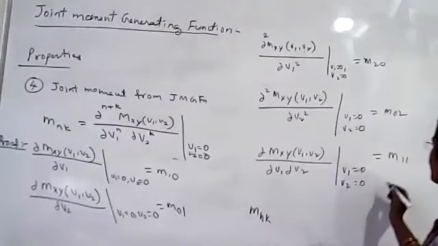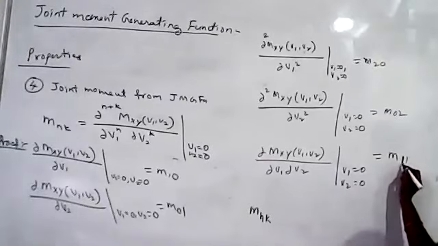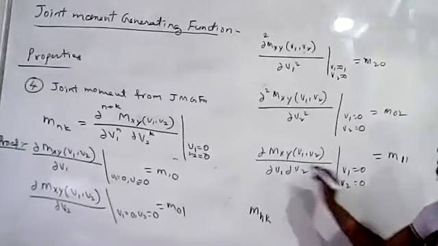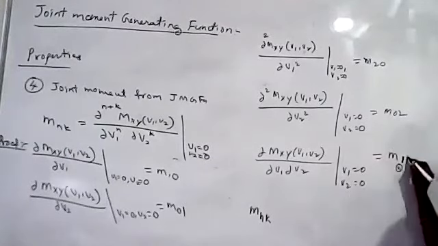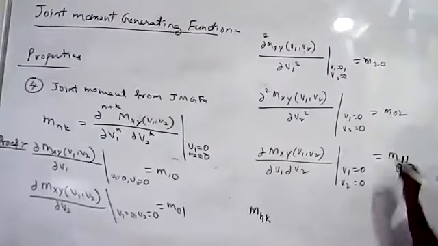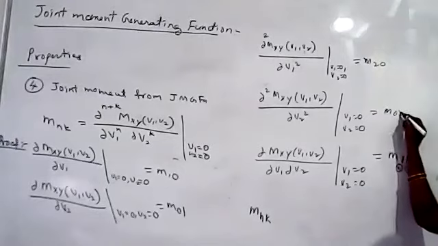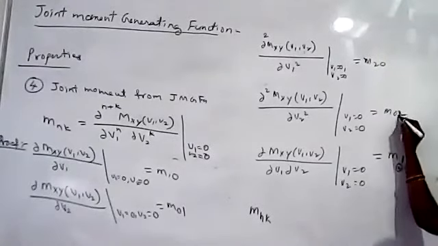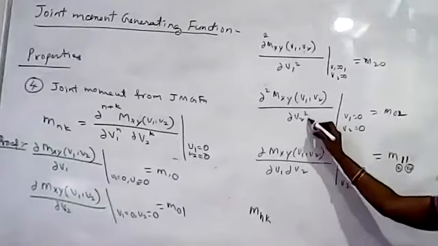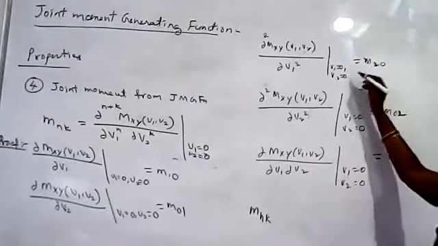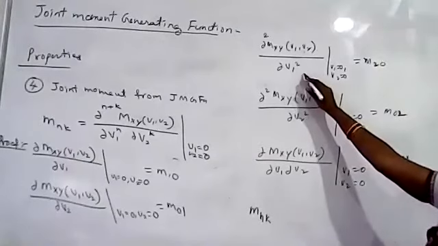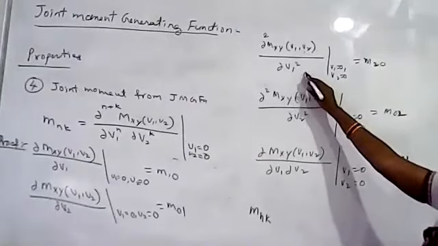See here, the first index indicates how many times you are differentiating with respect to v1. The second index indicates how many times you are differentiating with respect to v2. Here we are differentiating with respect to v2 only two times, and here with respect to v1 two times.